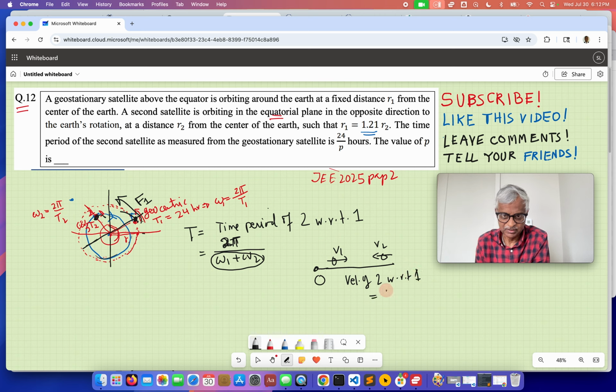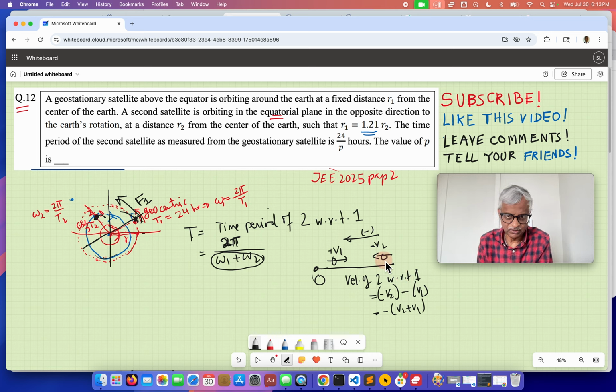It is going in that direction, negative, so this is actually minus v2 minus v1, where this is the positive with respect to O. So they add up.